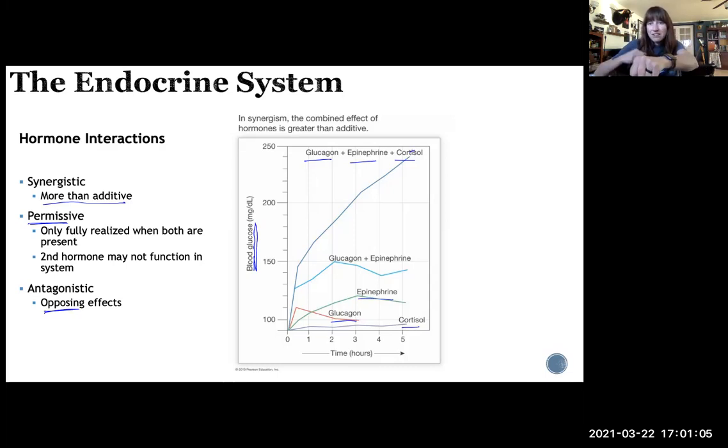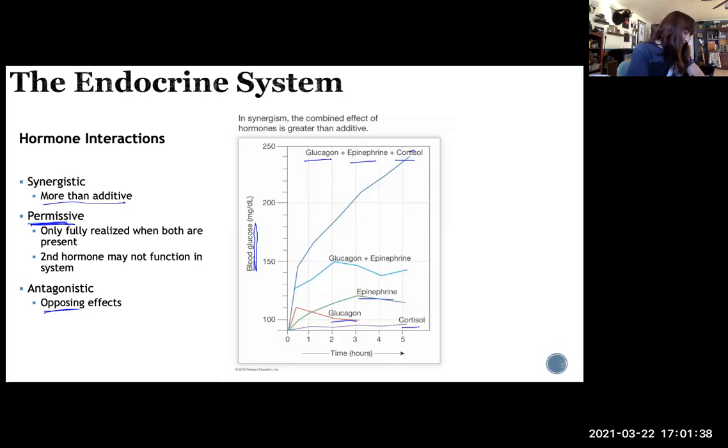So one might be activating and the other might be inhibiting. And then you have permissive, which is where they're both operating either independently and they don't bother each other, or worst case, one will shut the other one down, which isn't necessarily the same thing as inhibiting anything. It's just this one takes priority and this one is going to hang back and not do anything, okay? So the second hormone may not function in the system.